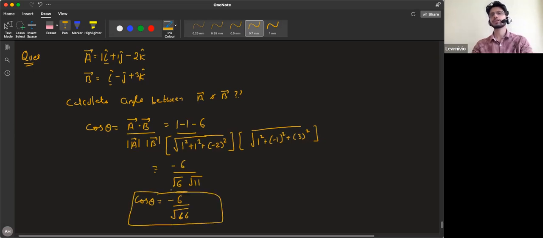Just note it down. We'll start cross product. After cross product, we'll start our next topic, that is kinematics.